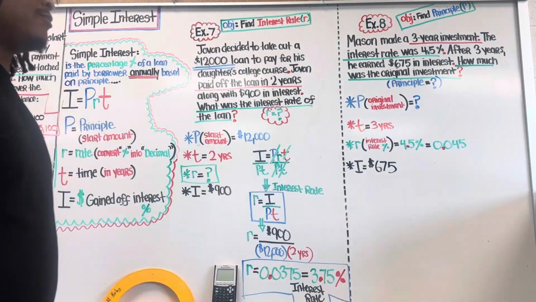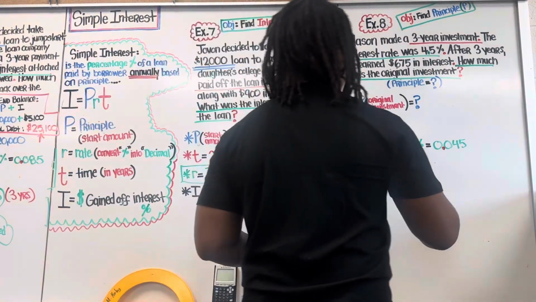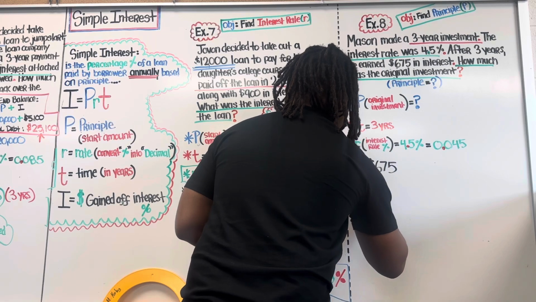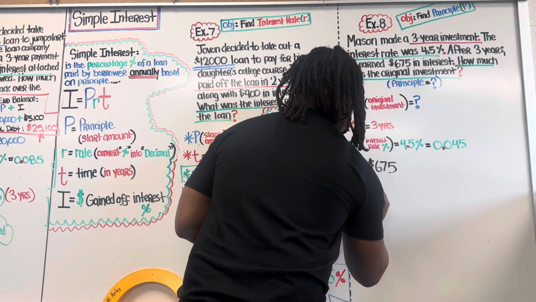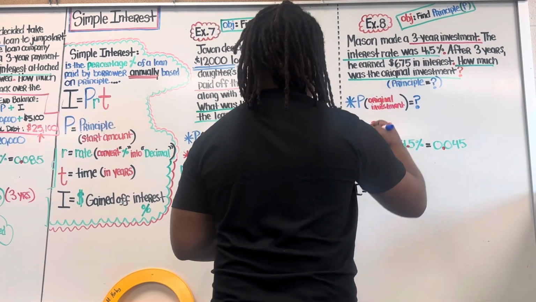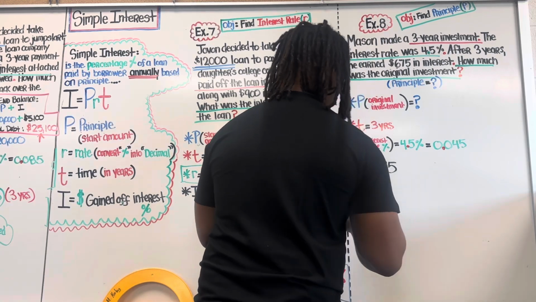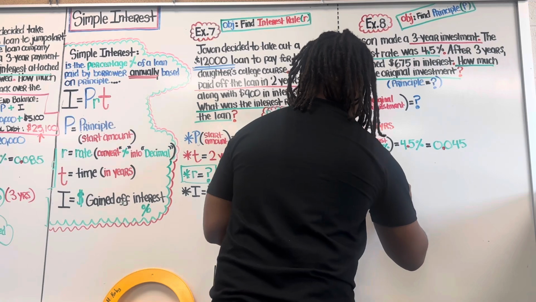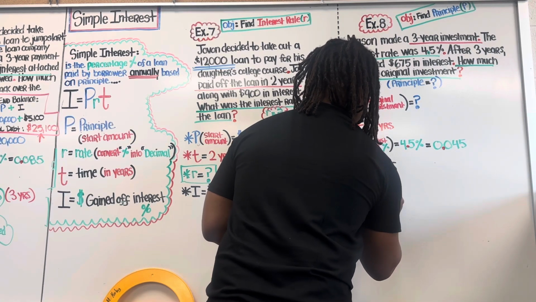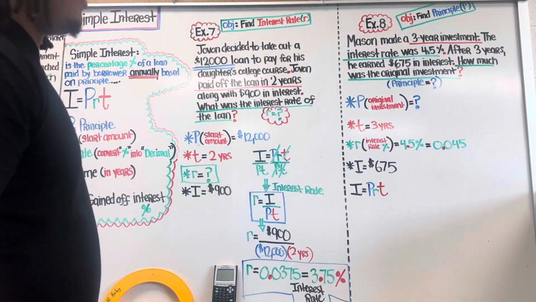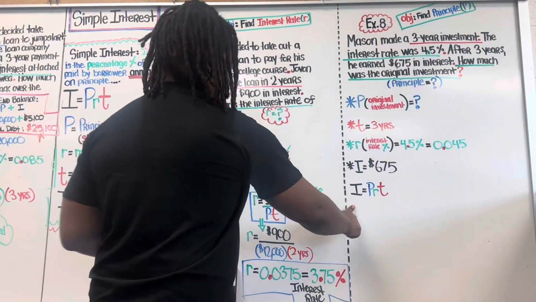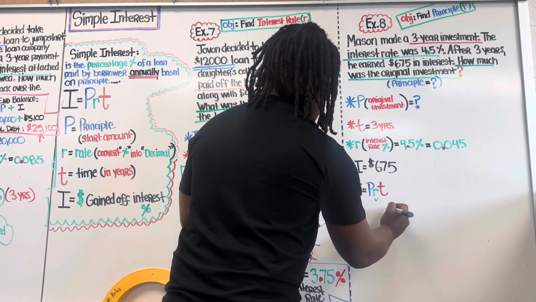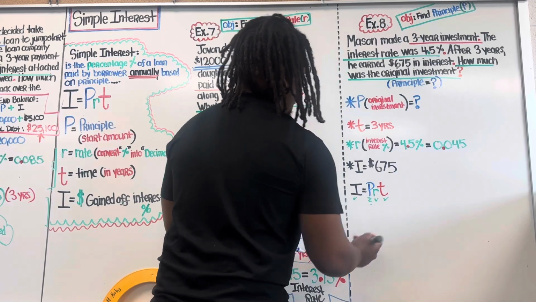Remember, the initial formula, the parent formula of simple interest, is I equals the principal or original investment times the interest rate times T. Now, we have I, we have the interest rate and the time, but we don't have the principal.